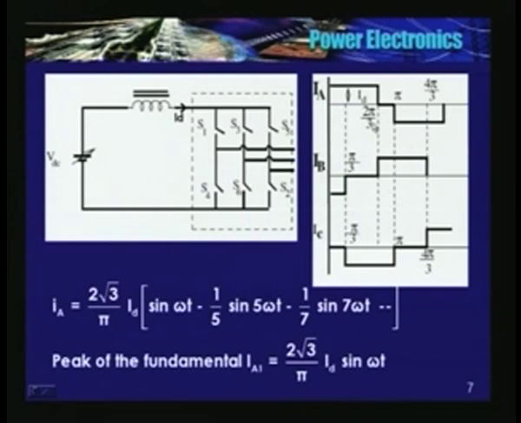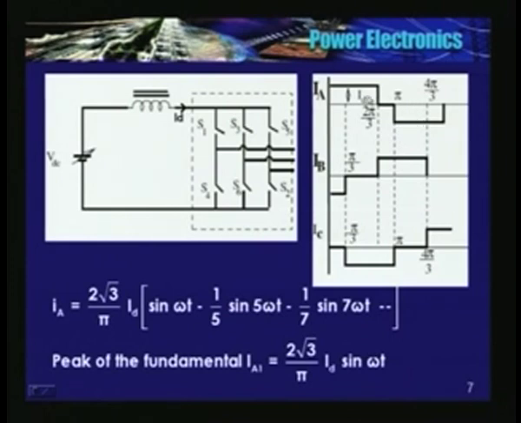For 2 pi by 3 it is VDC, from 2 pi by 3 to pi it is 0, and again from pi for another 120 degrees it is minus VDC. Line to line voltage waveform in a 6-step inverter, wherein each device conducts for 180 degrees.